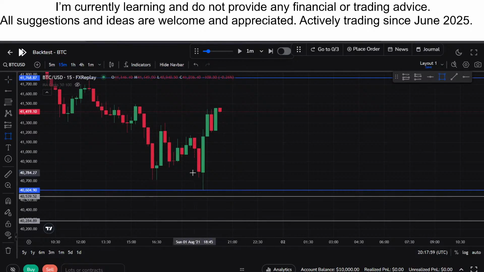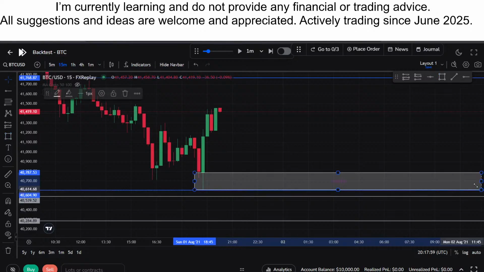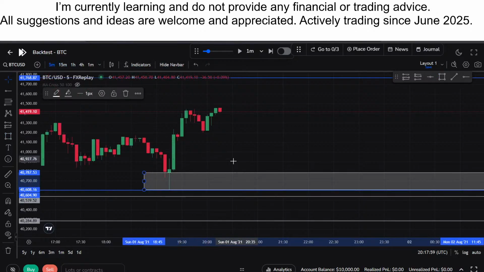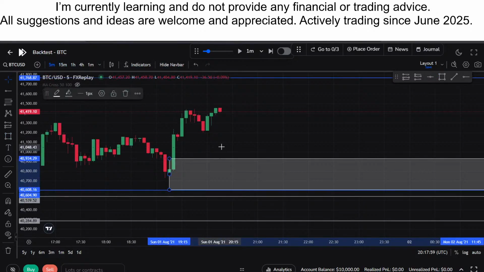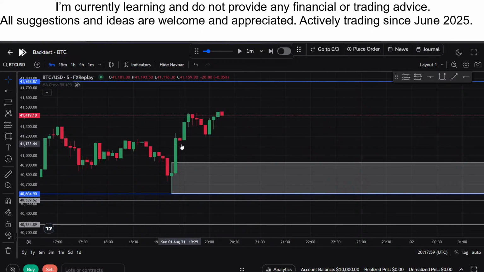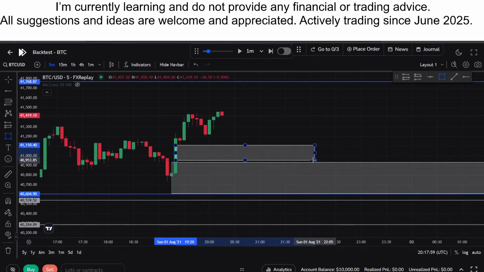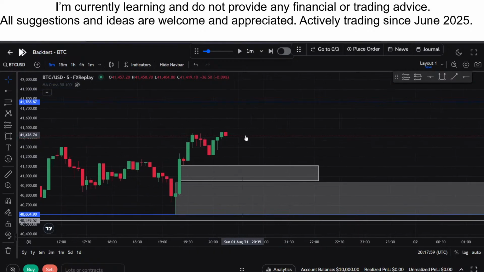Is this the order block? Let's check in 5 minutes. Yeah, maybe we can say that this is the order block, and here we can find the fair value gap also, and another fair value gap. Let's see if we can fill this fair value gap in the 5 minutes chart. So let's play.